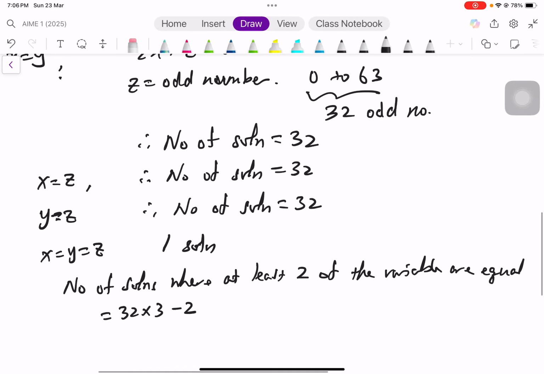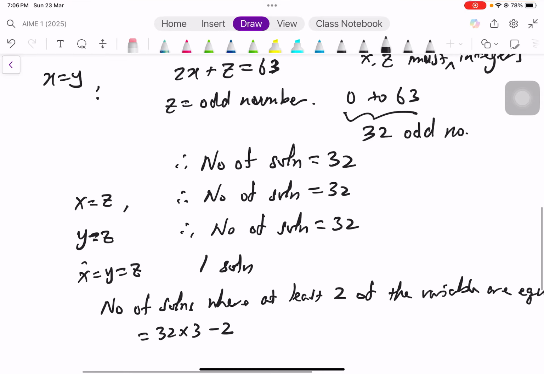Why minus 2? Because this case appears in all the 3 cases. Therefore, you must take away 2 cases, so that you don't double count.